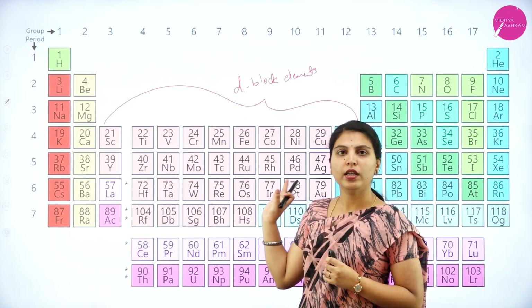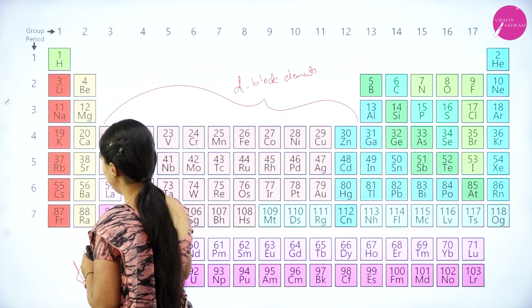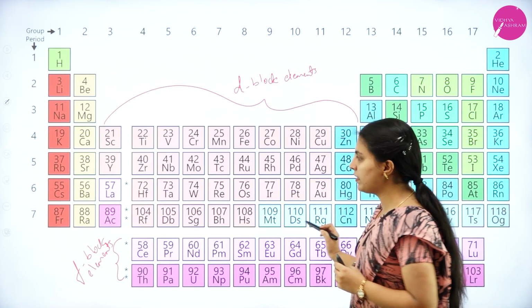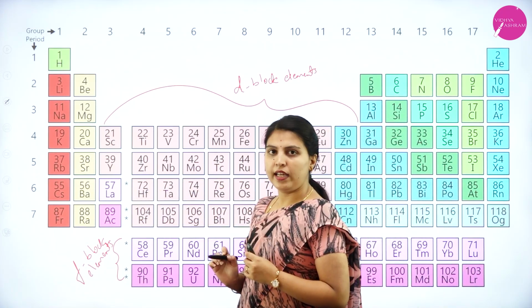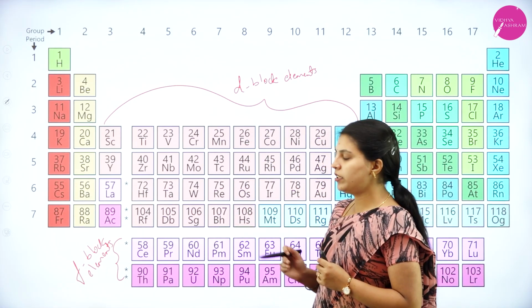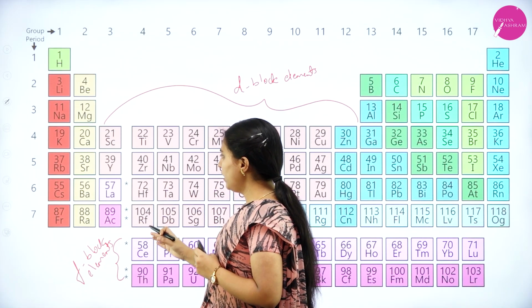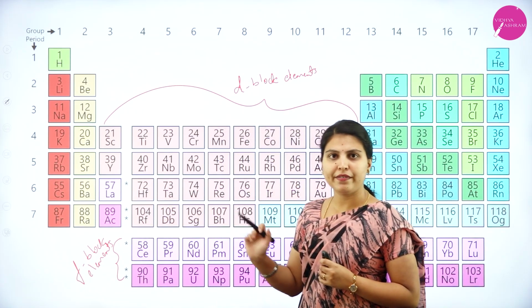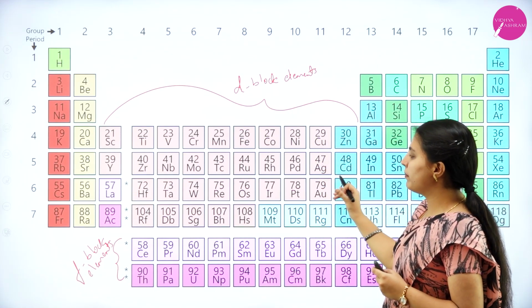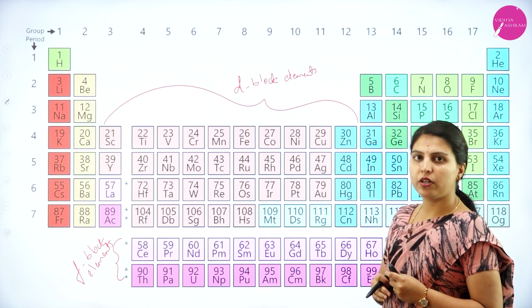The first line is considered as lanthanoids because the first element is lanthanum, and the second series is considered as actinoids because the first element is actinium. These are the 4F and 5F series. This is the overall picture of D block elements and F block elements and where they have been placed in the modern periodic table.